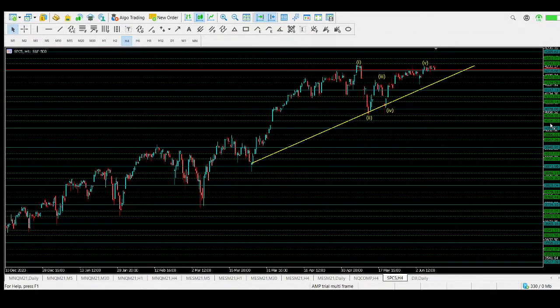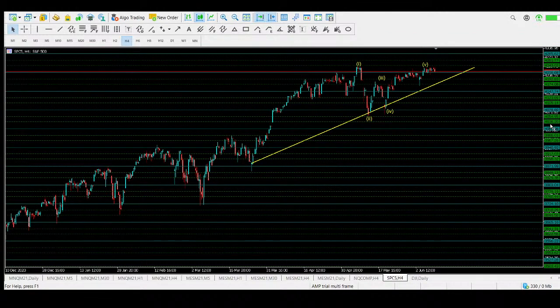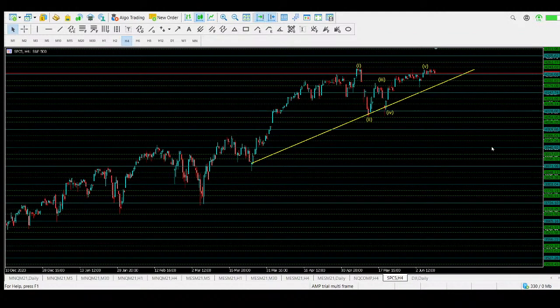The S&P 500 index. This is the 4-hourly chart, looking at 4216 or 4217, 4218. Let's say 4216 is the major level at the moment, and it currently holds above 4216.